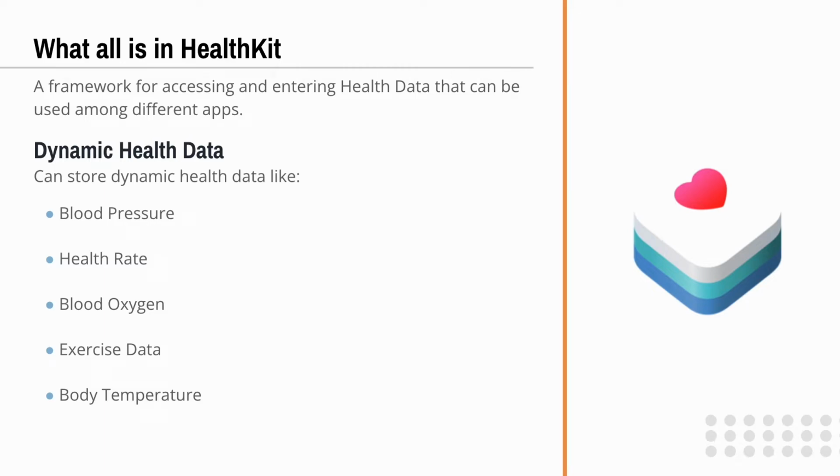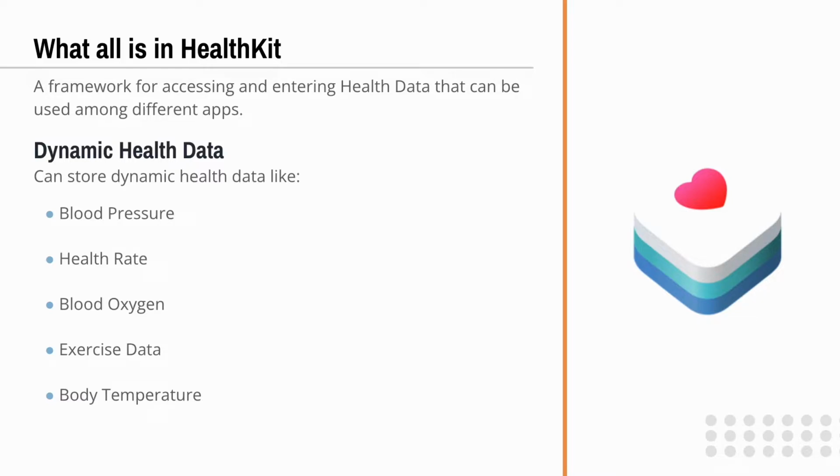Dynamic data are things that are constantly changing. So your blood pressure, which goes up and down during the day, your heart rate, your sleep heart rate versus your resting heart rate versus your active heart rate, and things like blood oxygen. All of these things go into your exercise data.